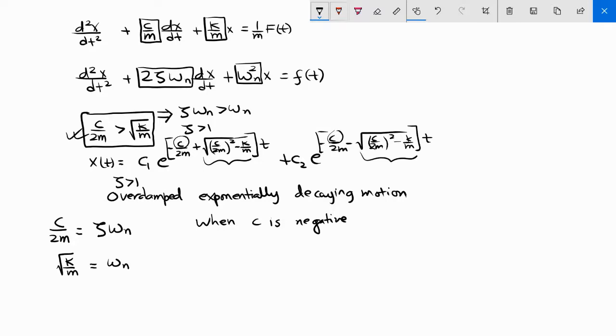So when c is negative, the statement is negative c divided by 2m is greater than square root of k over m, and this means negative zeta times omega n is greater than omega n, or negative of damping ratio is greater than 1, or damping ratio is less than negative 1.